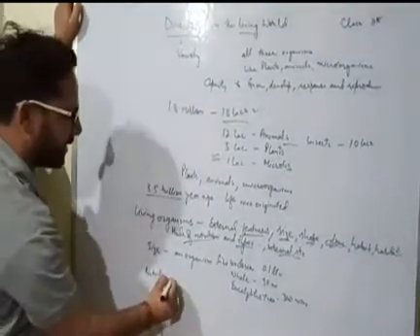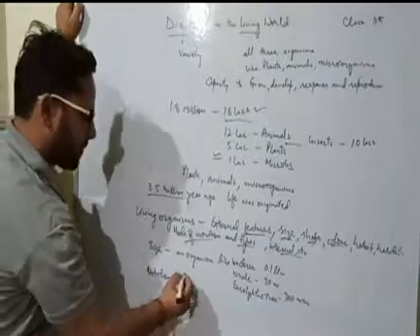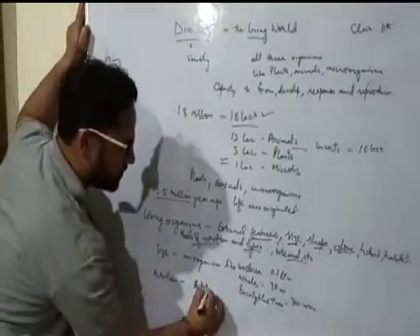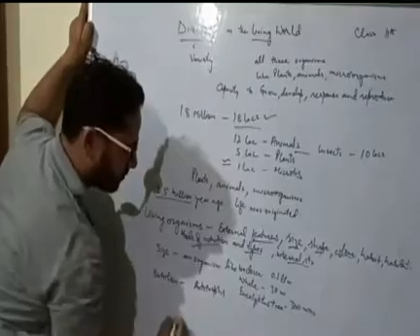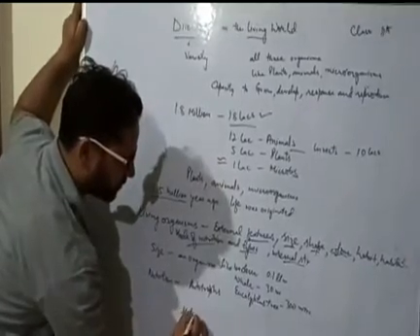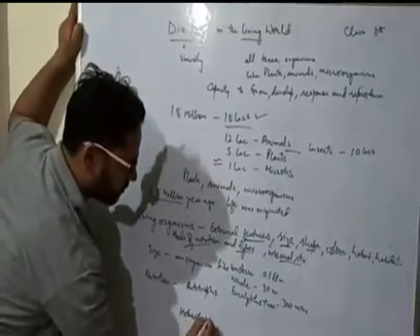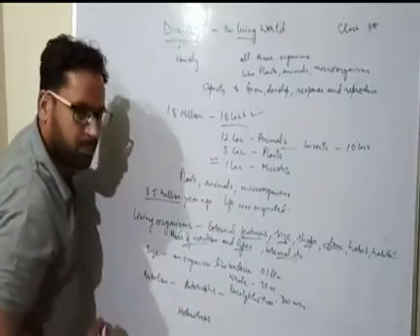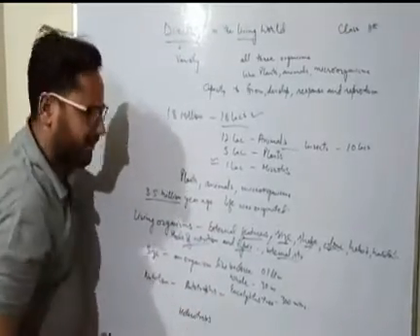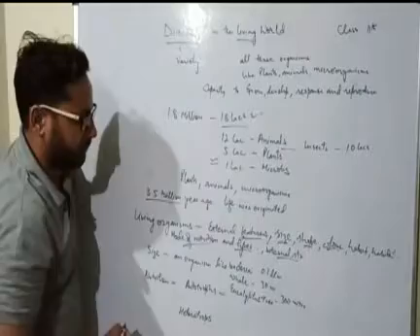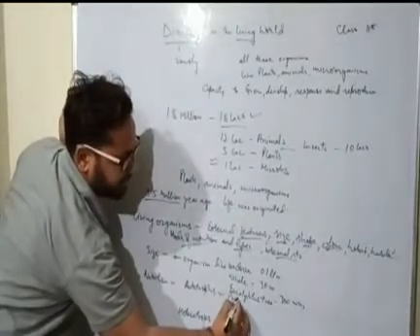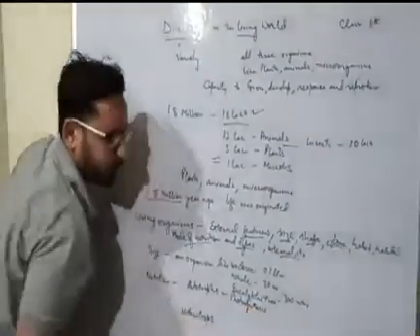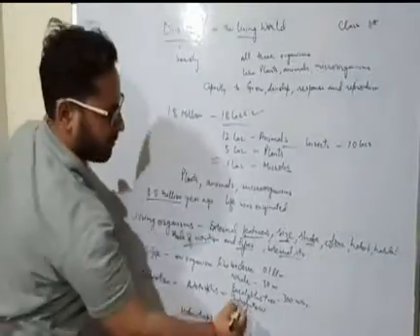As per nutrition, we can divide living organisms into autotrophs and heterotrophs. Autotrophs make their own food, they do photosynthesis and prepare their own food.